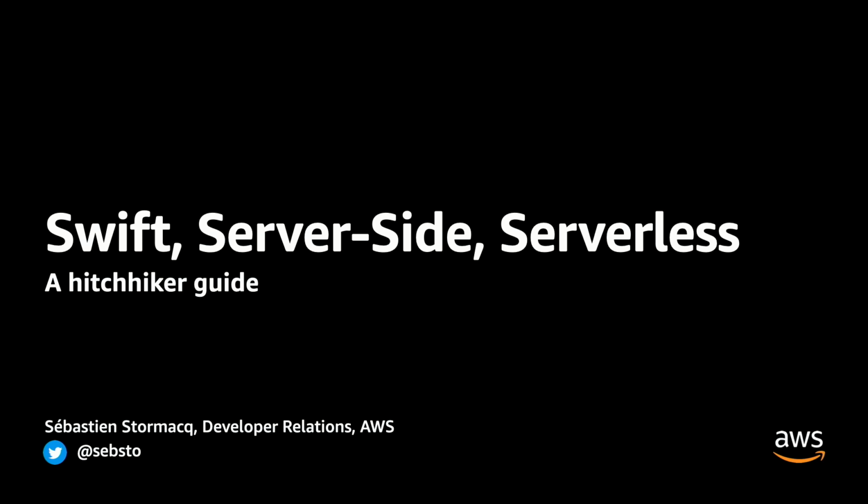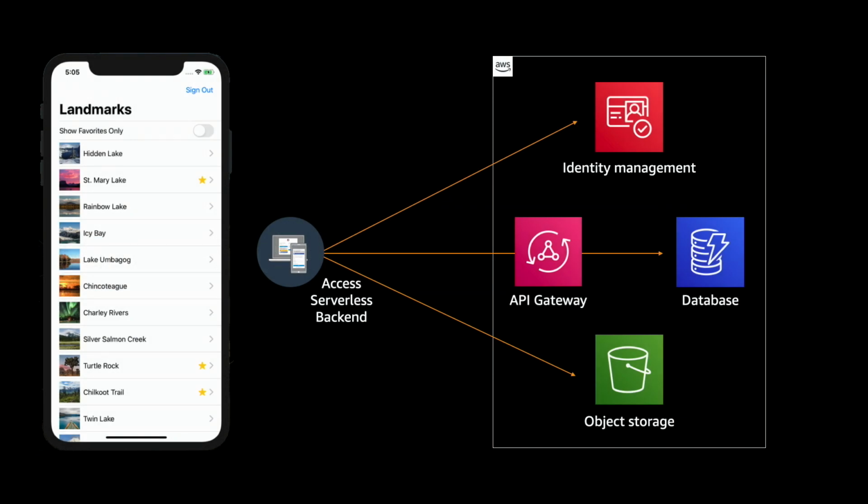So there are a lot of words and keywords there: server-side, serverless, Swift. I'm not going to explain Swift, but let's break them down, the server-side first. You all write iOS applications or mobile applications in general, and your mobile applications are using a backend. Typically, the type of service you will get from the backend is authentication service: sign in, sign up, forgot my password, multi-factor authentication and stuff like that.